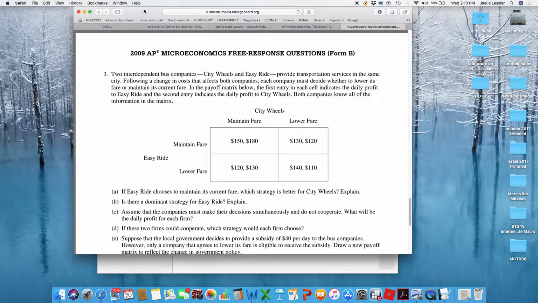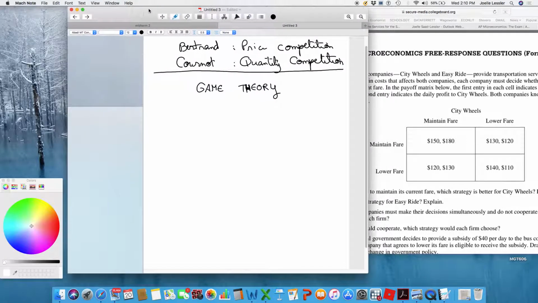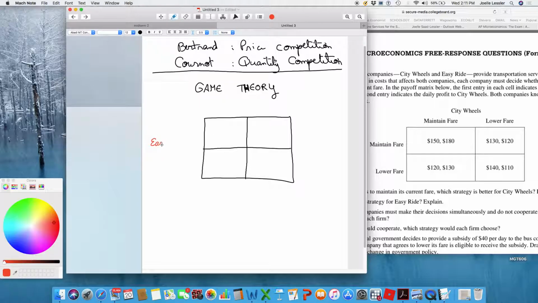What I like to do is draw it in different colors because that really does help to see it. That's part of the reason why we always look at a duopoly. It's much easier to draw a 2x2 payoff matrix. So let me do Easy Ride in red, and its payoff is the first number in the cell.